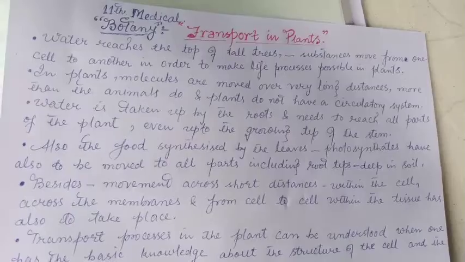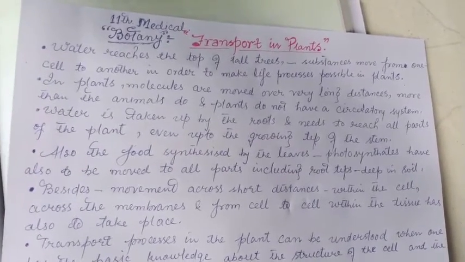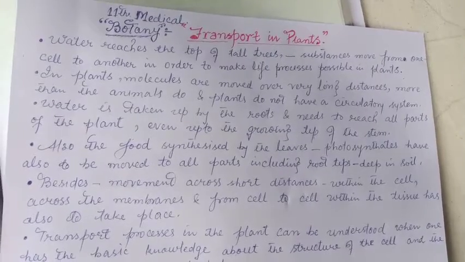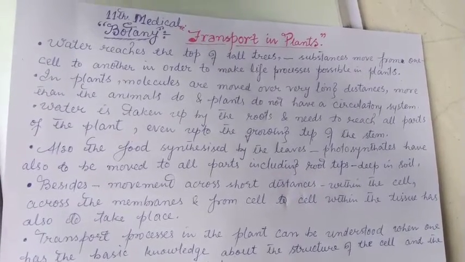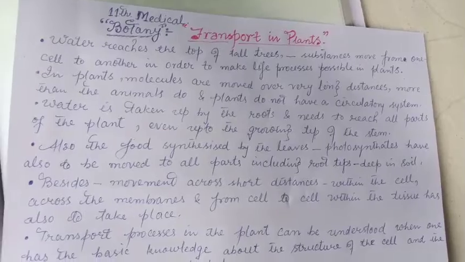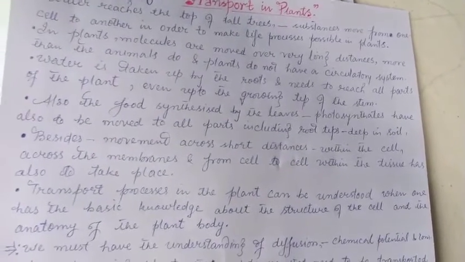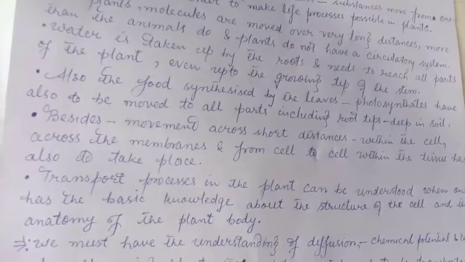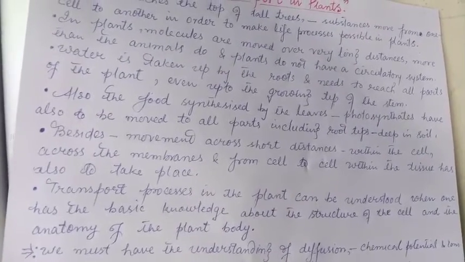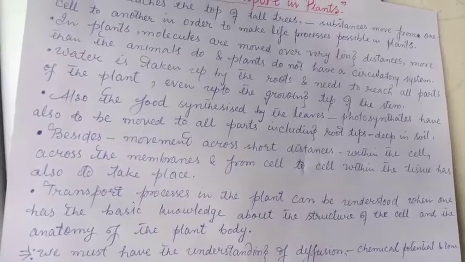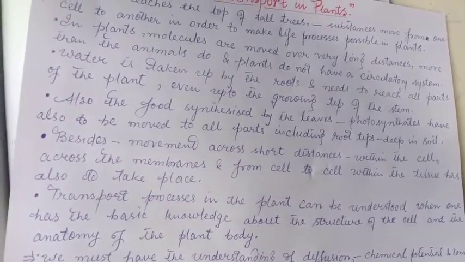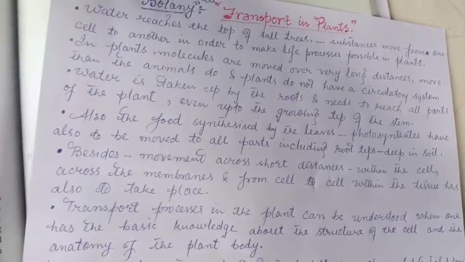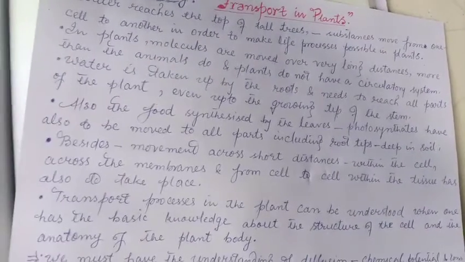And besides this, movement across short distances within the cell, across the membranes, and from cell to cell within the tissues, has also to take place. A transport process in plants can be understood when one has basic knowledge about the structure of the cell and the anatomy of the plant body that we have already dealt with.